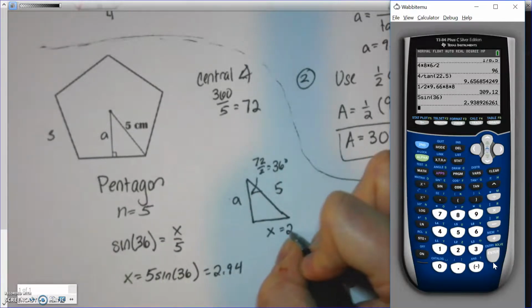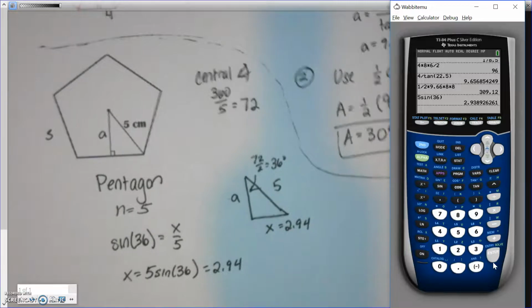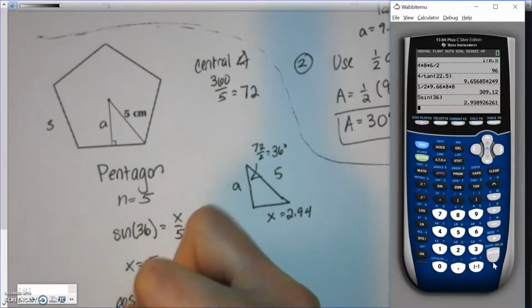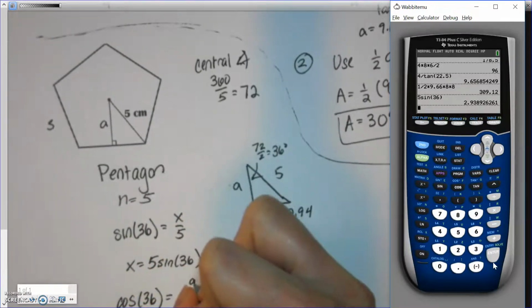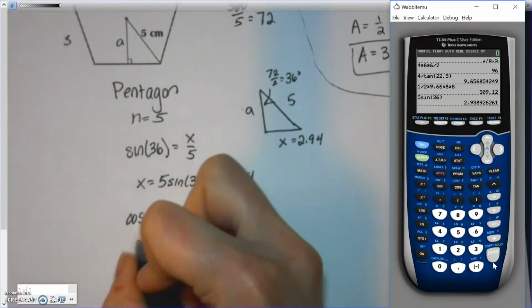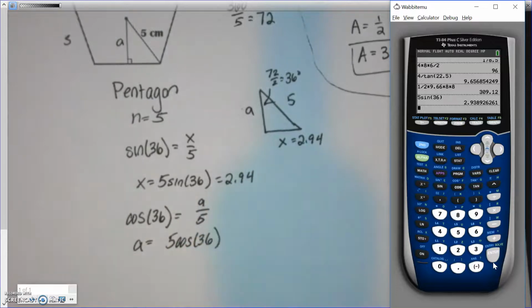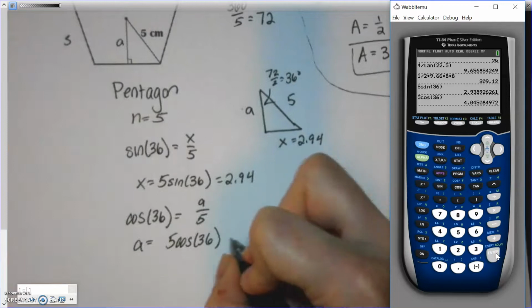So this side is 2.94. And then here, you could use Pythagorean theorem, or you could use trig again. I'll use trig and say cosine of 36 is a over 5. So we have a equals 5 cosine of 36. And that is going to be 4.05.